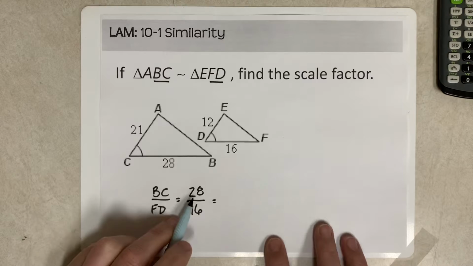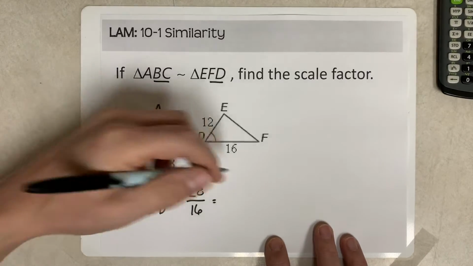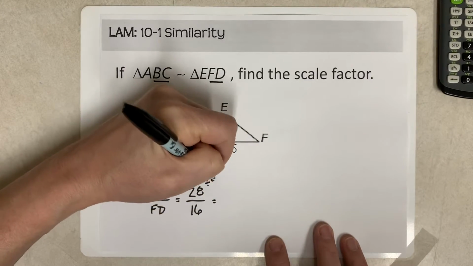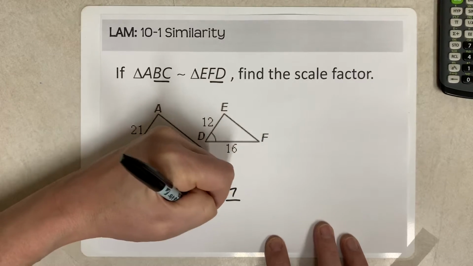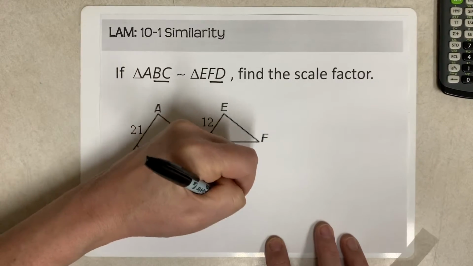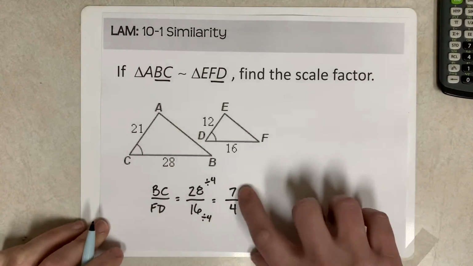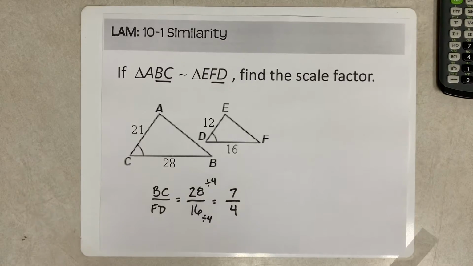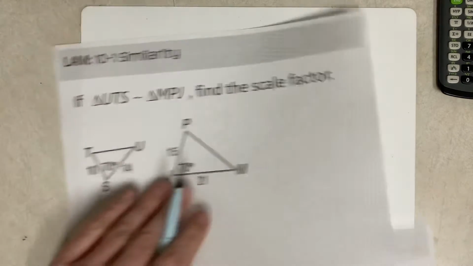And 4 goes into both these numbers. 4 goes into 28 7 times, and 4 goes into 16 4 times. So it looks like the scale factor is 7/4. Or to go from the big triangle to the small one, 4/7. Once you find one, you basically have the other one because it's just the reciprocal.